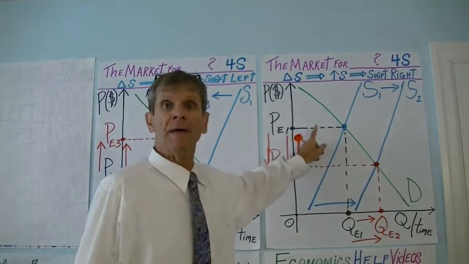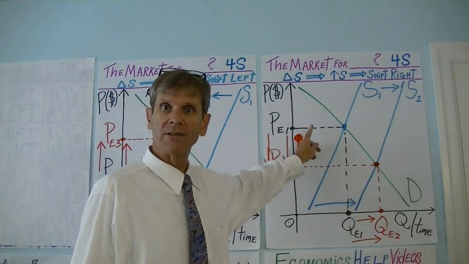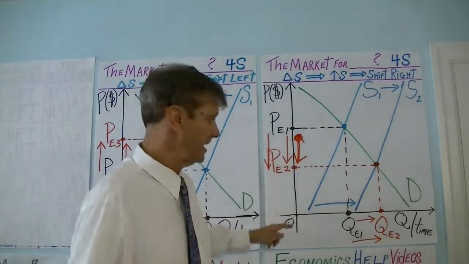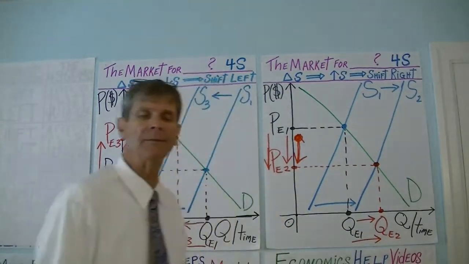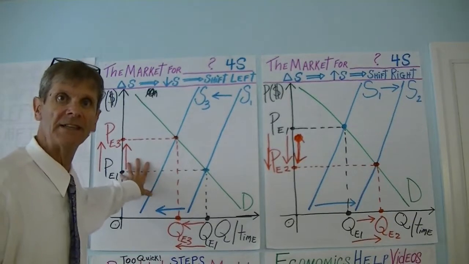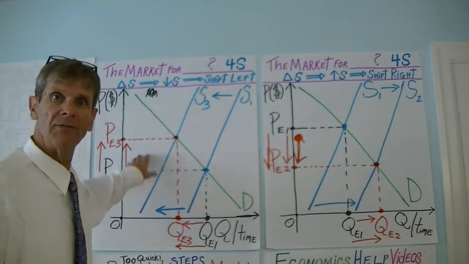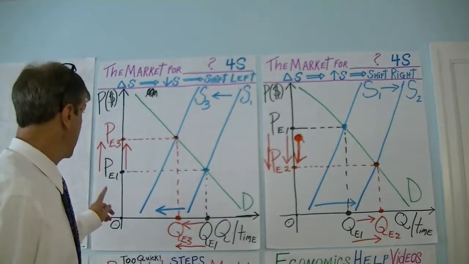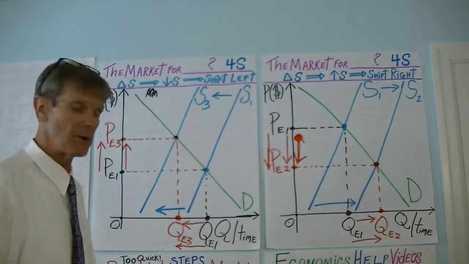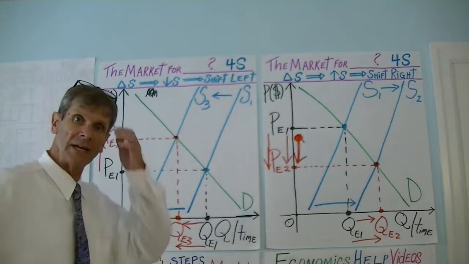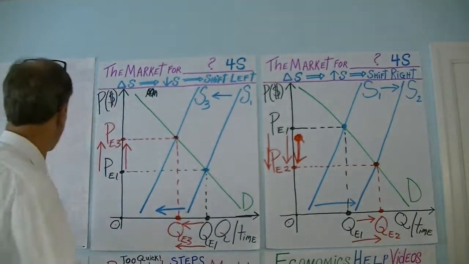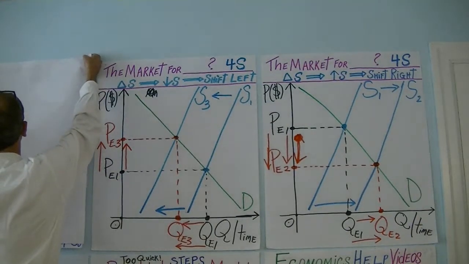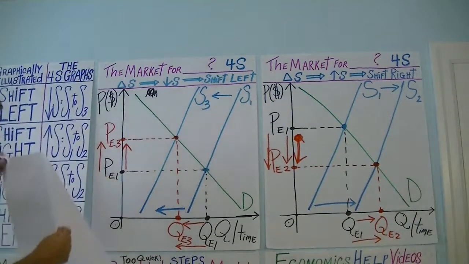We would say the equilibrium results of an increase in supply are a decrease in equilibrium price and an increase in equilibrium quantity. Back to the first one that we did. The equilibrium results of a decrease in supply, a shift left, are an increase in equilibrium price and a decrease in equilibrium quantity.